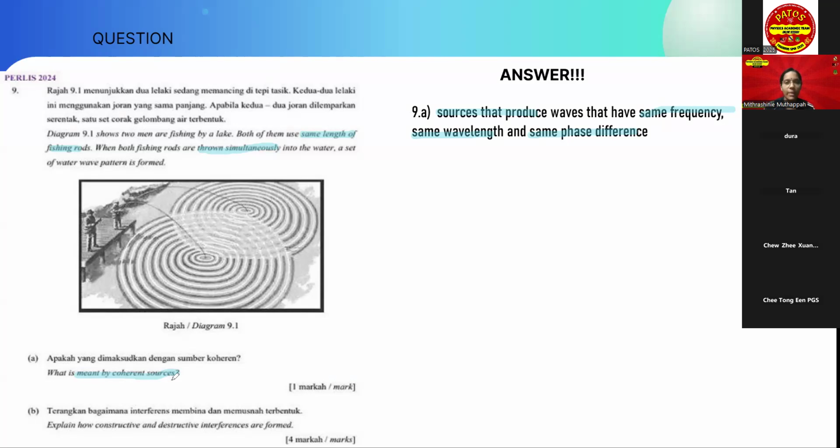Let's say you remember the definition of coherent wave, and in the exam, they are asking you for the definition of coherent sources, just like here. Then when you're writing your answer, you have to add these three words, sources that produce. Then you will get your full marks because they're asking about coherent sources and not waves. So you have to be very careful when you're answering this question.